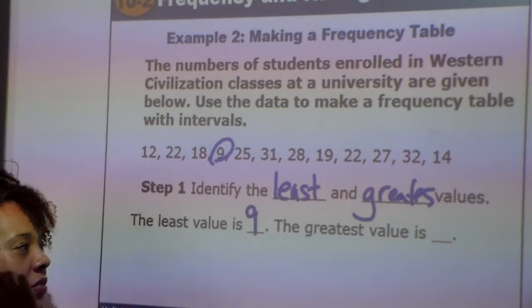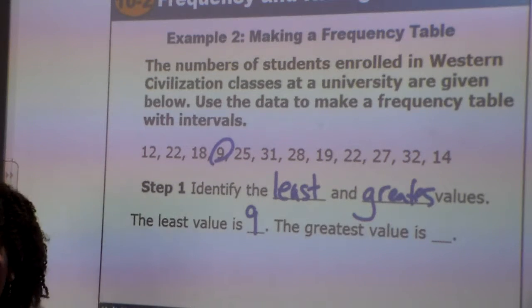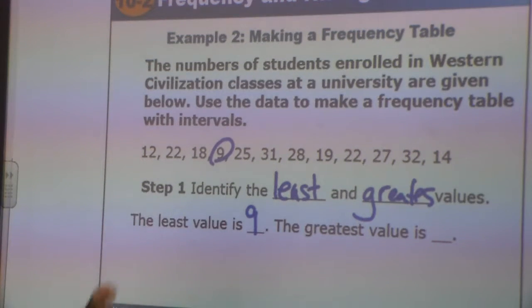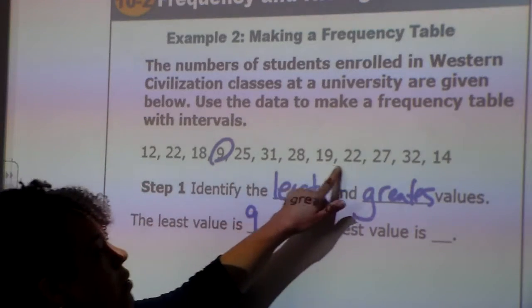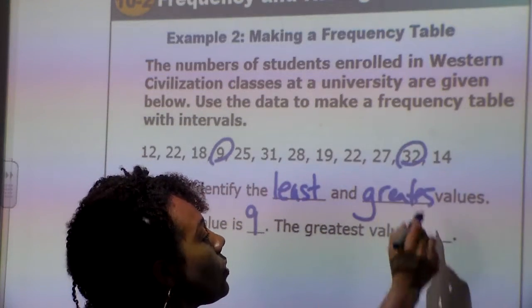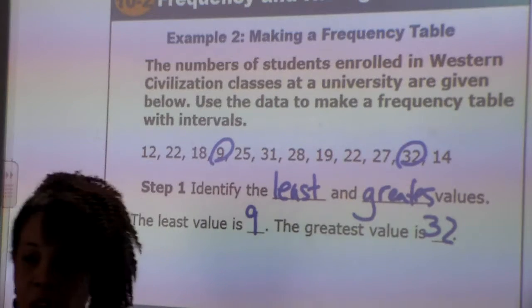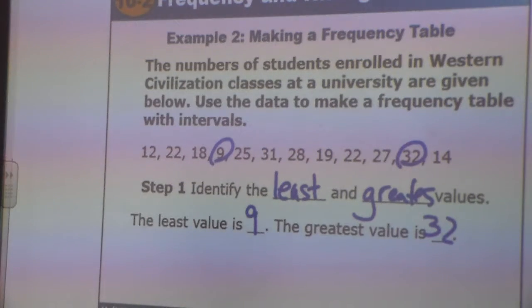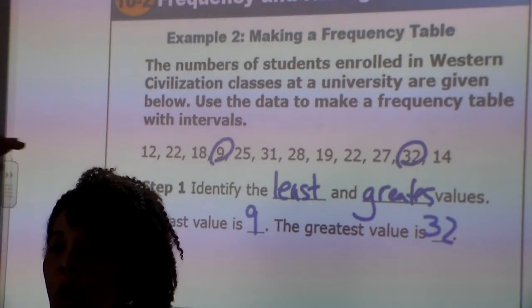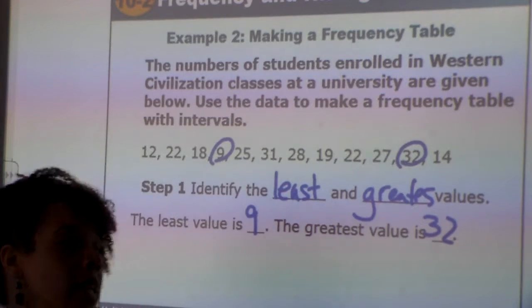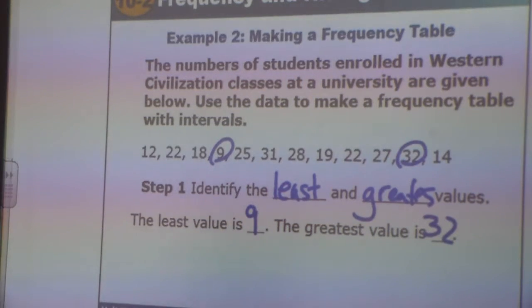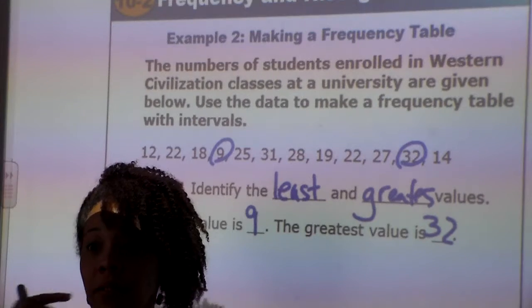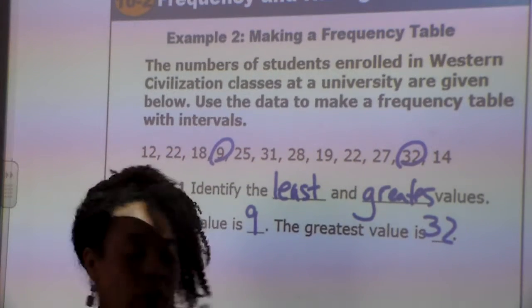So my least value is a 9. Also, when I look at the same set of data, I notice my greatest value is this 32. The reason I want to find the least and the greatest is because I want to see the range of numbers that I need to put into a table. Keep that set of information in your mind, okay? And you have yours on paper.